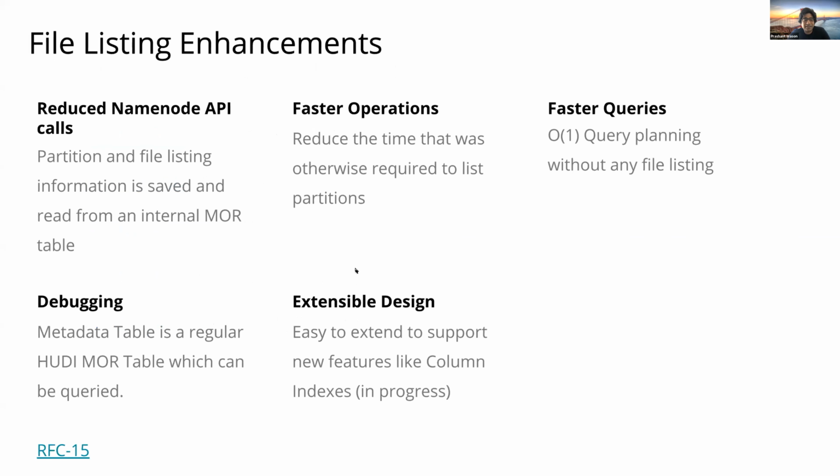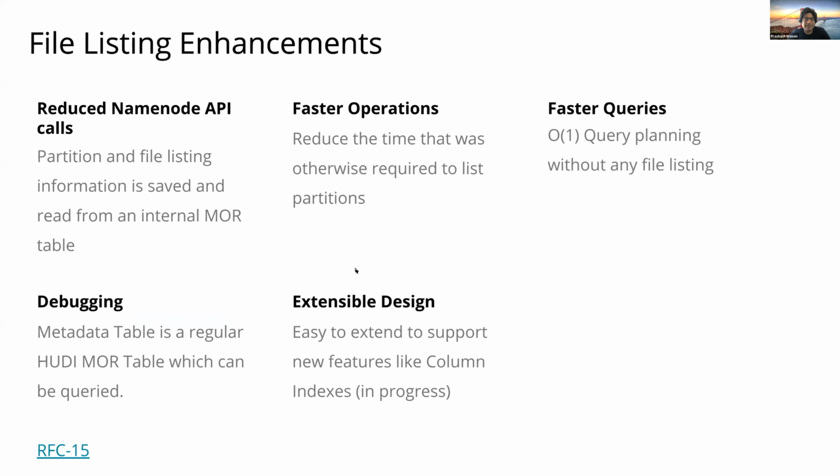So the file listing enhancement was a particularly important feature for us because of the very large Hudi deployment at Uber, due to which we had very large load on the HDFS infrastructure, especially on the name nodes, due to the large amount of file listing calls and other API calls which are issued by Hudi.